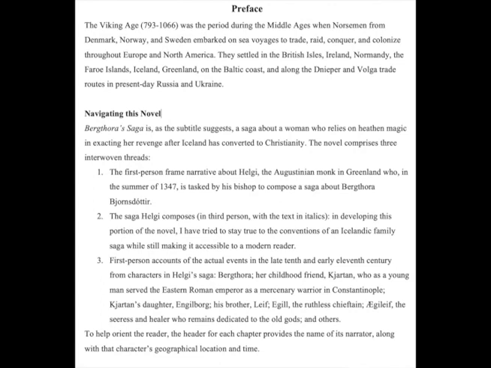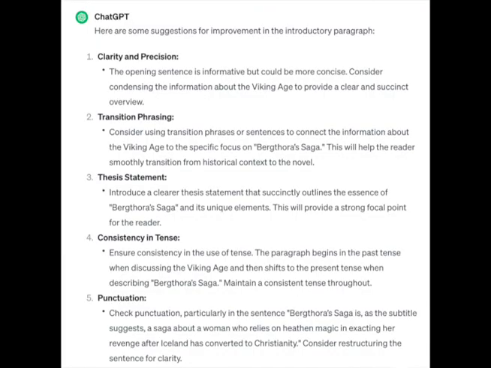And then the second part here is intended to help a reader navigate the novel, since there are three different interwoven strands in the novel, and hopefully how clearly this outline can make it to a potential reader to understand what's going on. So here is what I received from ChatGPT.